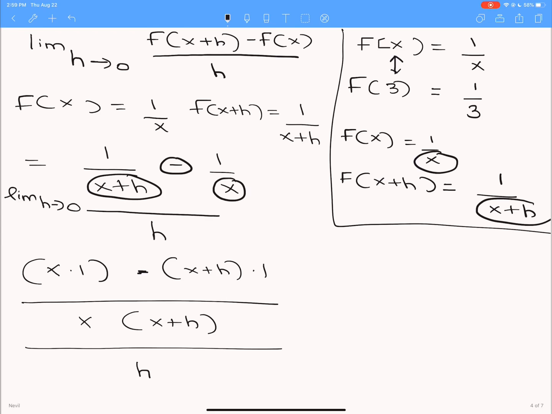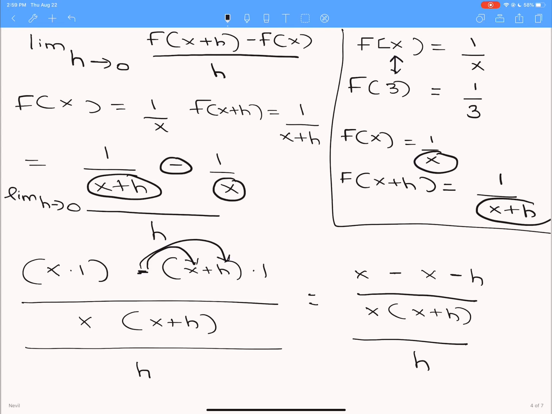Now, if I multiply these terms, x times 1 is x. And this negative, one thing we have to remember is it applies to both x and h. So that gives me negative x and negative h, divided by x times x plus h, whole divided by h. Before moving on, I just want to see if you notice something here.